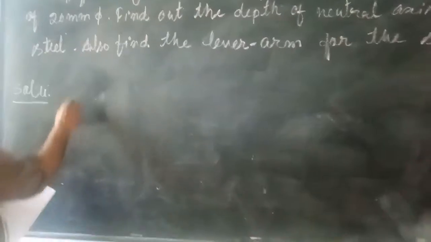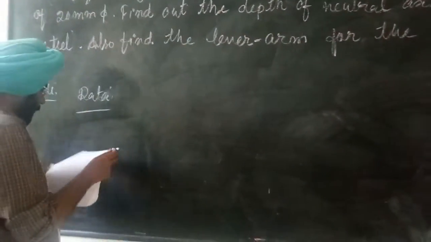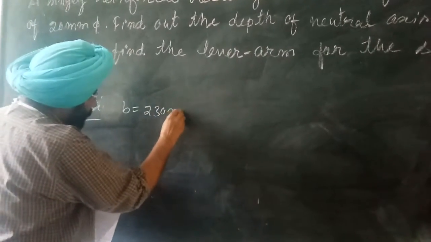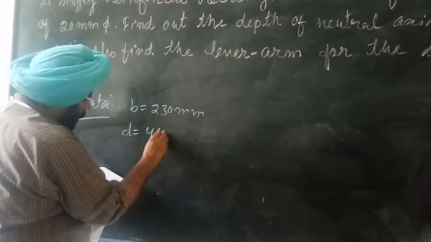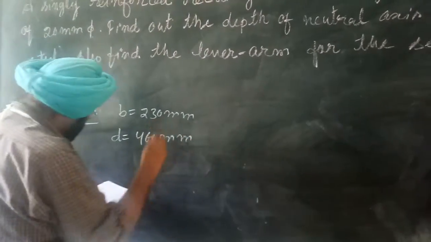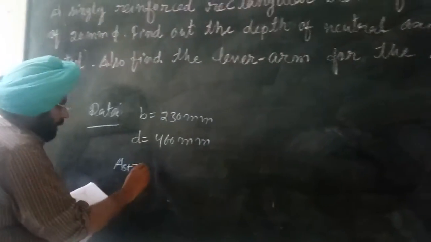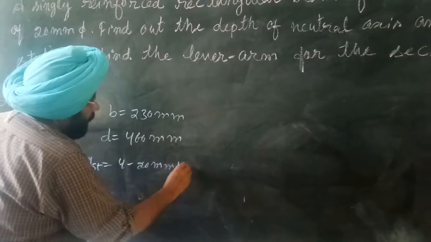The data given to us. The width of the section B is equal to 230 millimeter, the effective depth is 460 millimeter, and the cross section area of the steel in tension consists of 4 bars of 20 mm diameter.